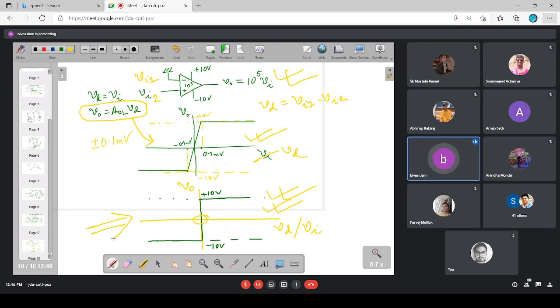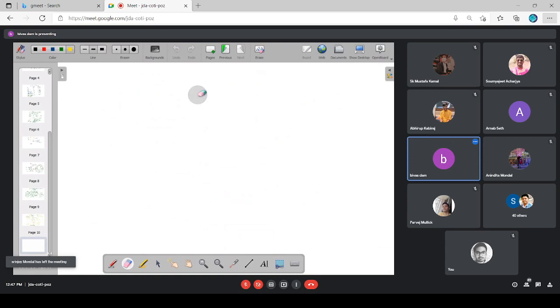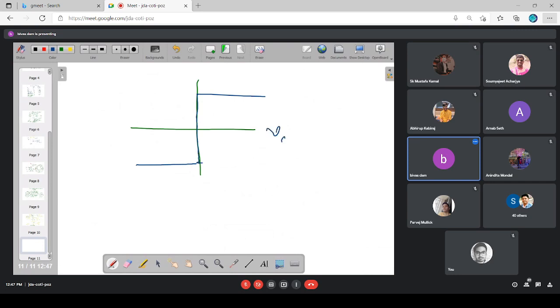Rather, what do you infer from this transfer characteristic, where this is your input difference voltage? What do you infer from this?